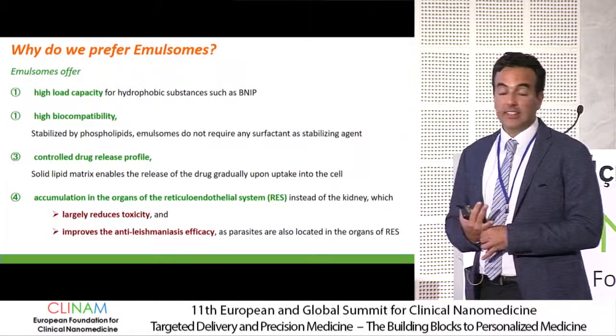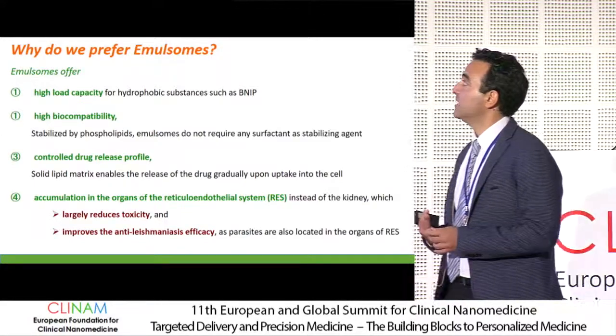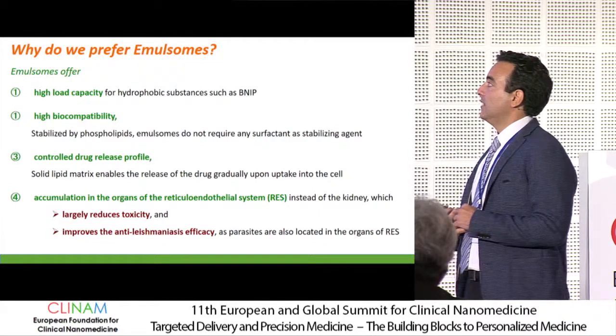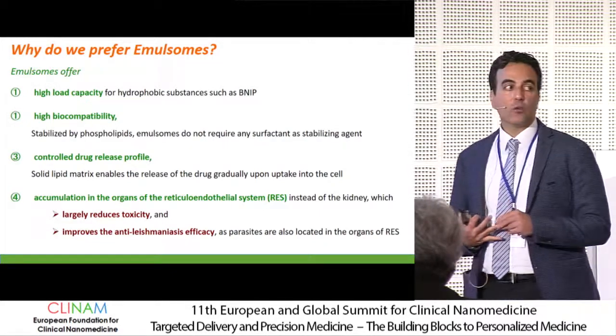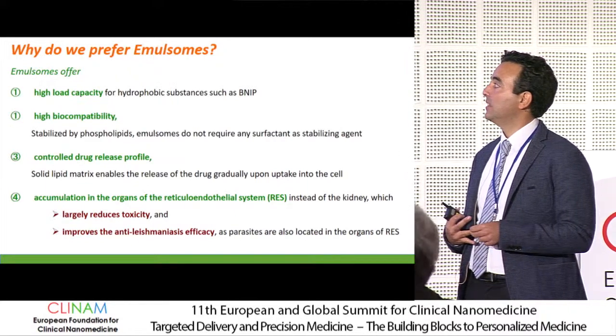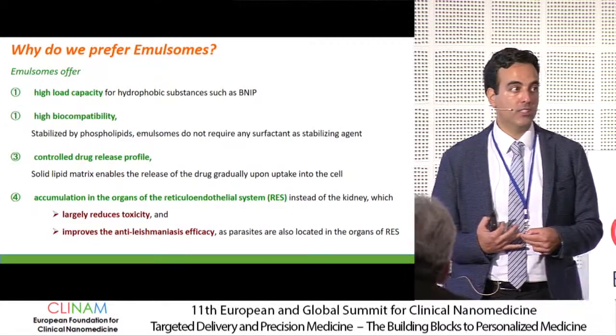And last but not least, accumulation occurs in the organs of the reticuloendothelial system, RES, instead of the kidney. Emulsion largely reduces the toxicity of the drug, and they improve the anti-Leishmaniasis efficacy as parasites are also located in these organs and tissues.